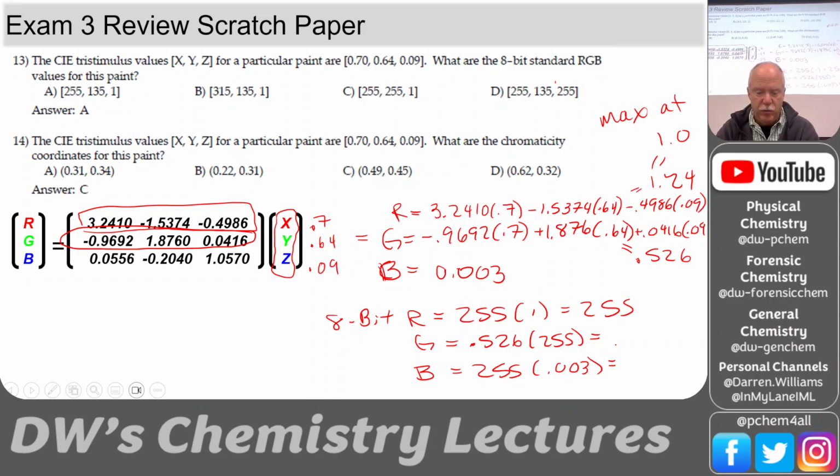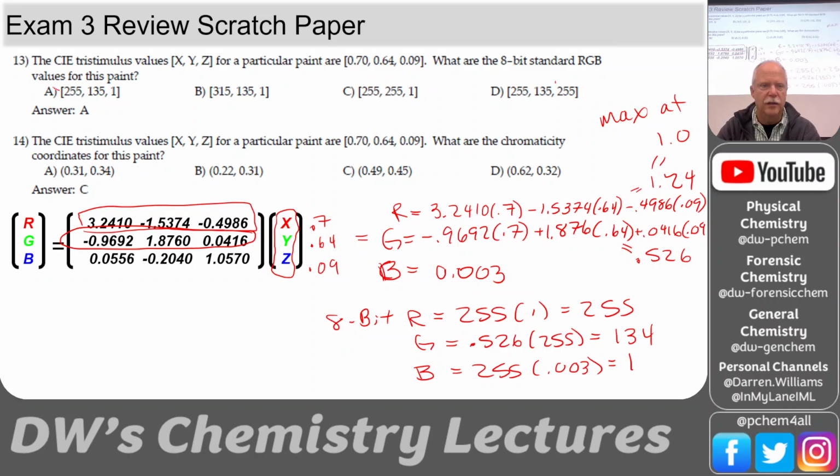So 134.76, so we'll round to 135. Okay, so that gives us 255, 135, and 1, so answer A.